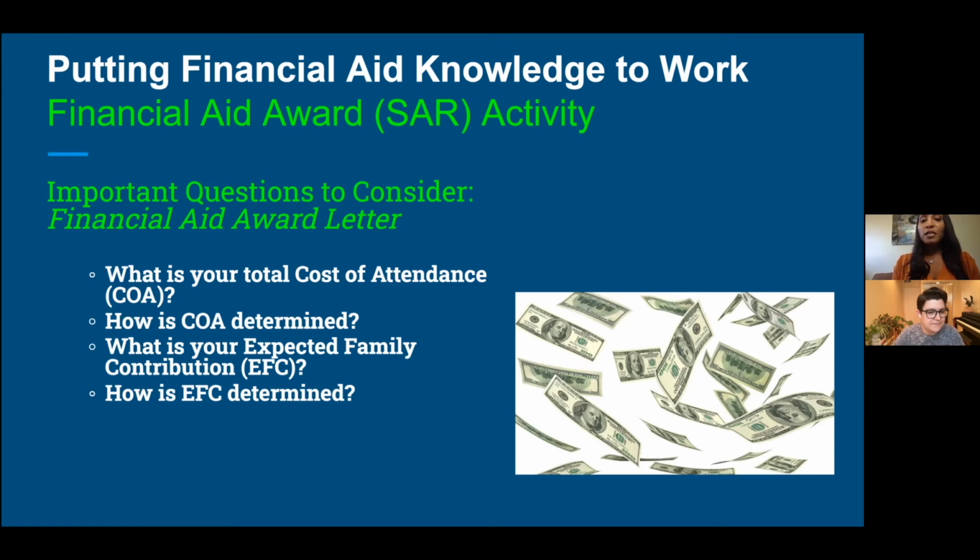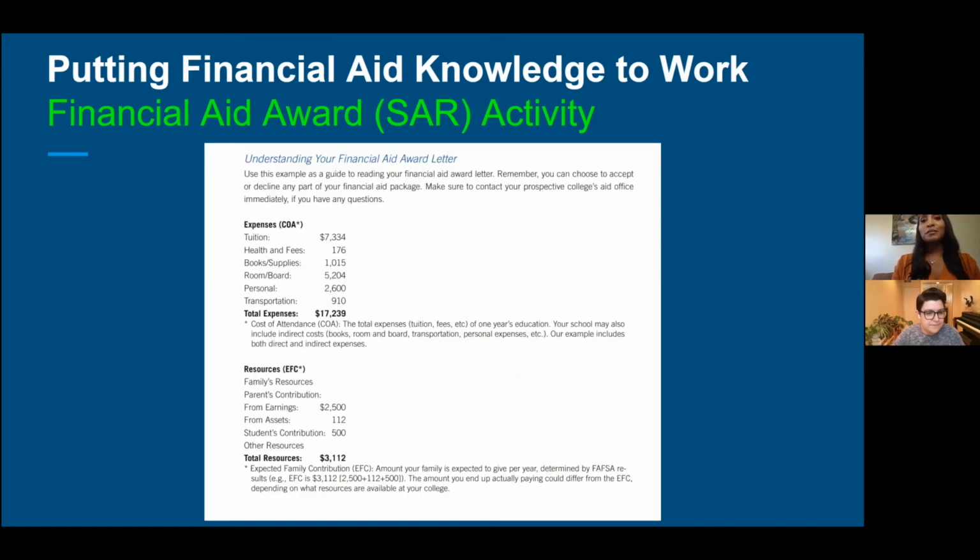What is your expected family contribution? Okay, so in this example, my expected family contribution would be $3,112. Very good. That includes information from your parents, tax information, as well as information that you may provide as well.